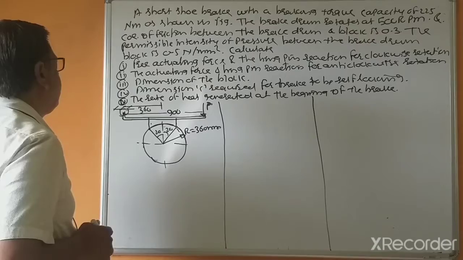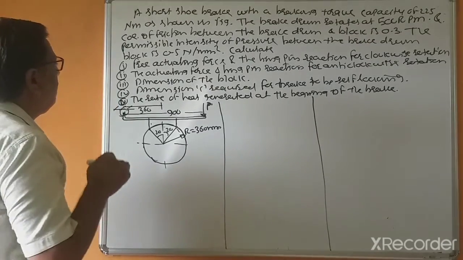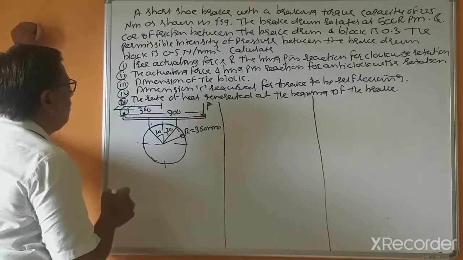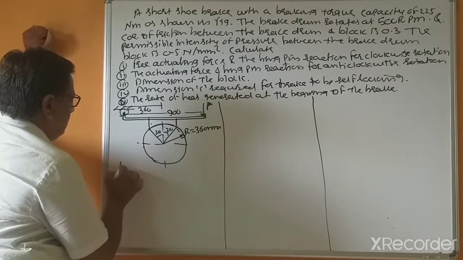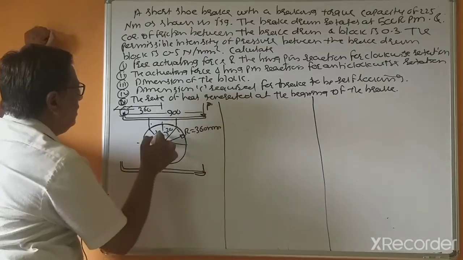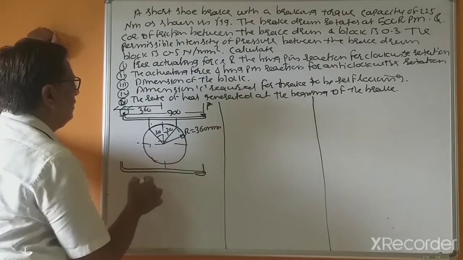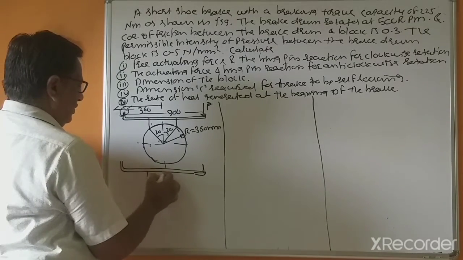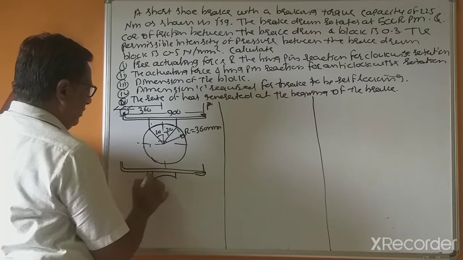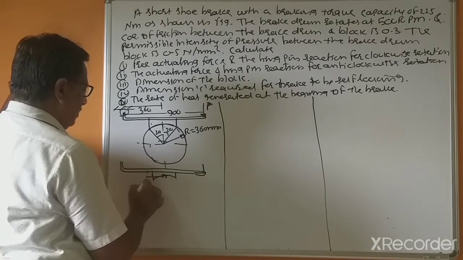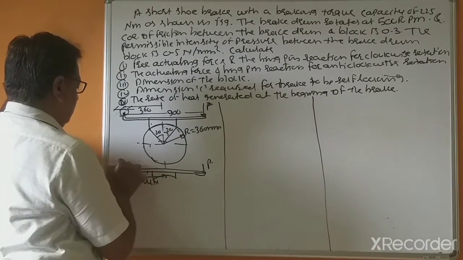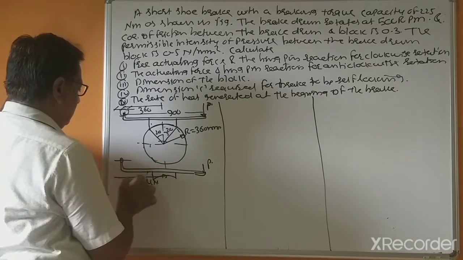So in this problem, first the actuating force and hinge pin reaction for clockwise rotation. So when this is clockwise rotation, I will draw the free body diagram for the lever. Now you are familiar, if this rotates clockwise, so this is also clockwise, mu N. This is P, and this distance equal to how much?